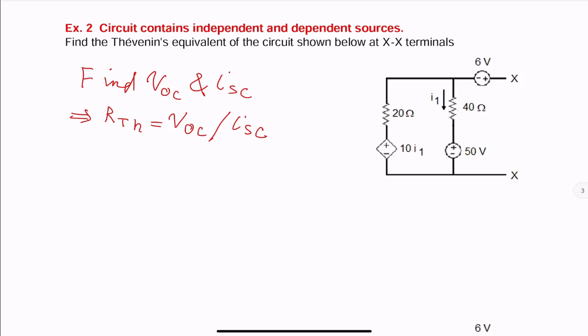So let's try to find VOC. Assign polarity to the open circuit voltage.